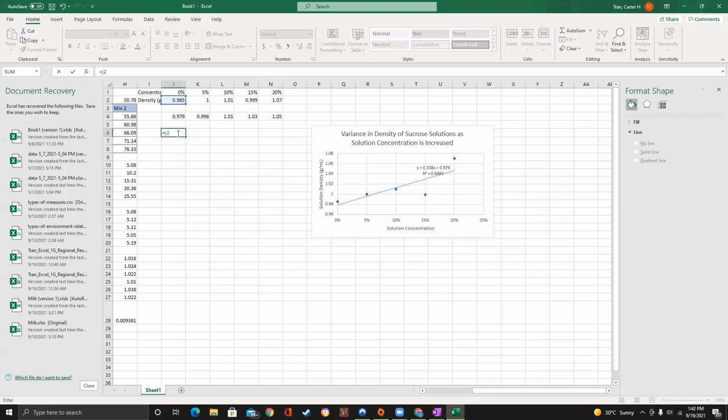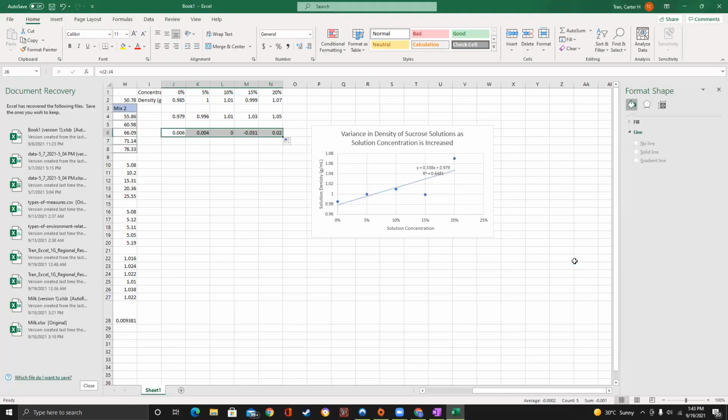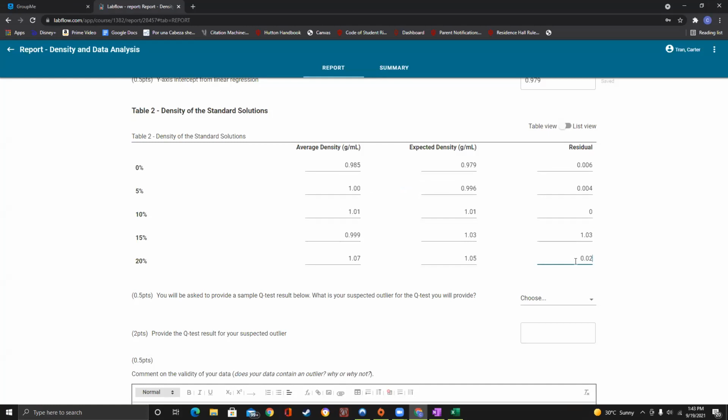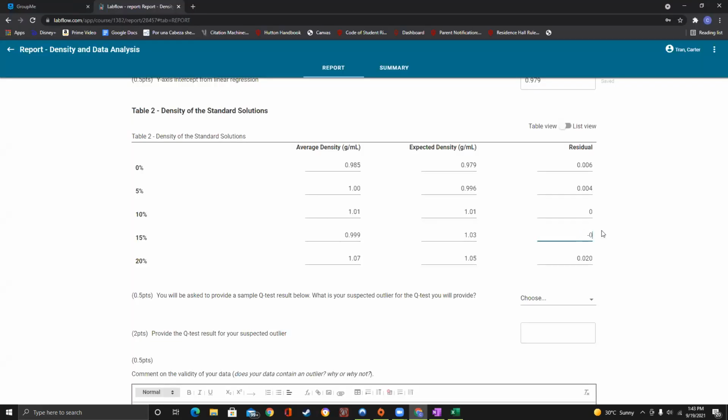So our residual here equals J2 minus J4. 0.006, 0.004, 0, 1.3, 0.02, 0.031.